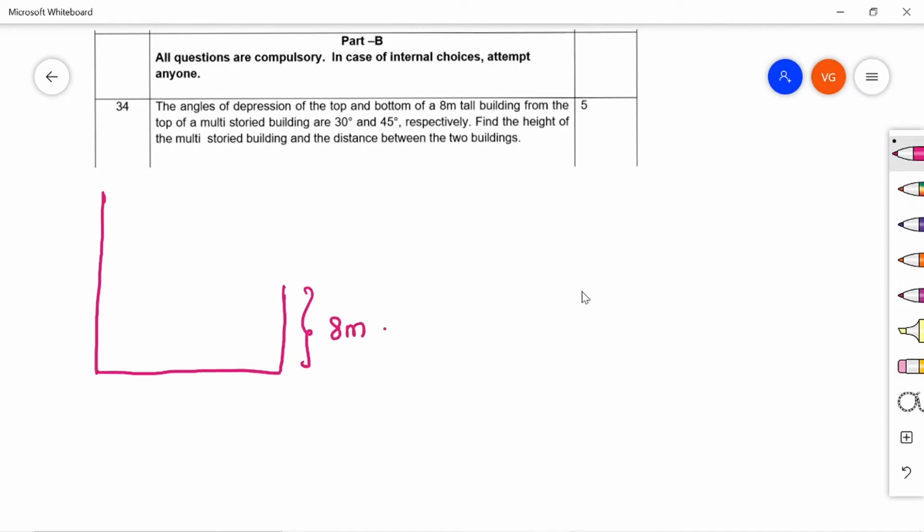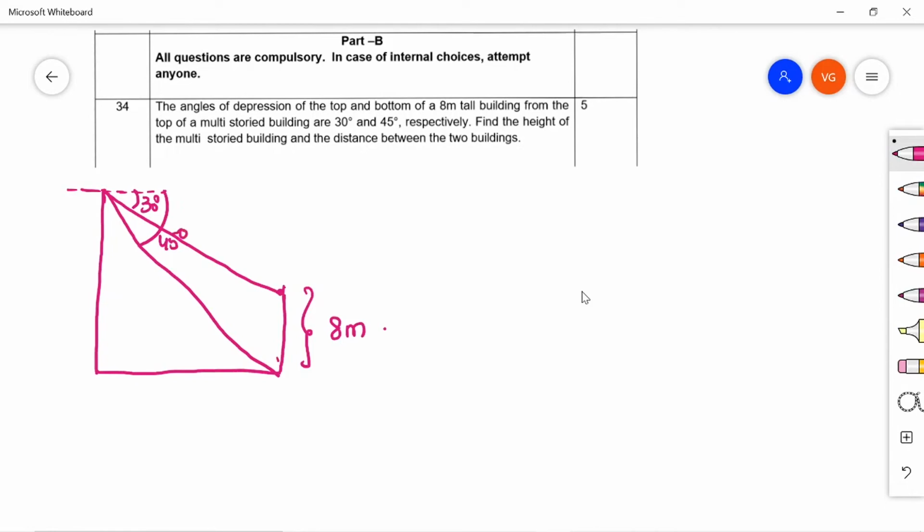If they are looking from the top of this multi-storied building, then the angles of depression to the top of the building and to the bottom of the building are given here as 30 degrees and 45 degrees, right? So to the top and bottom, top is 30 degree and bottom is 45 degree, right?